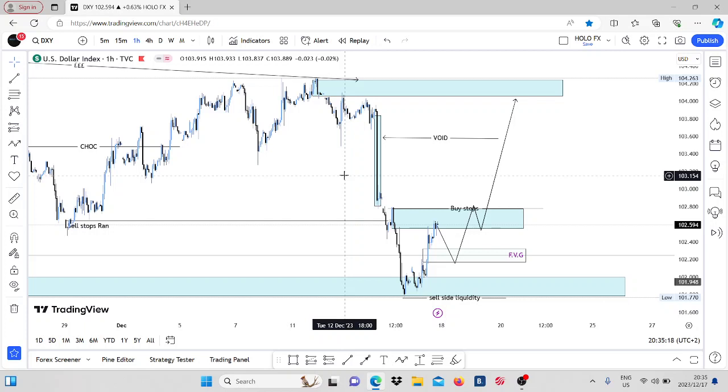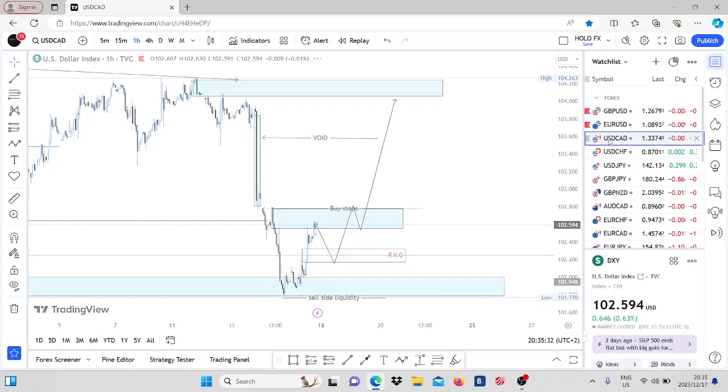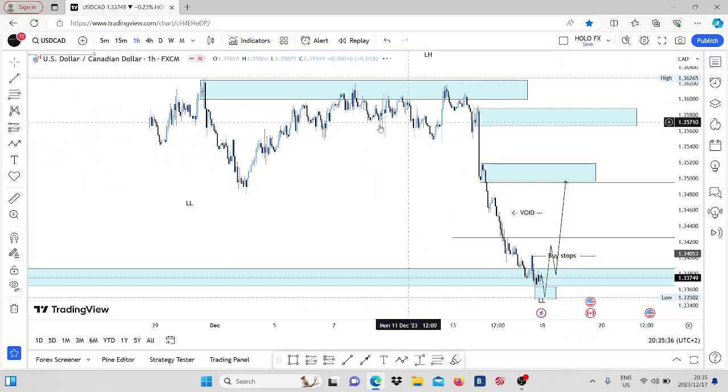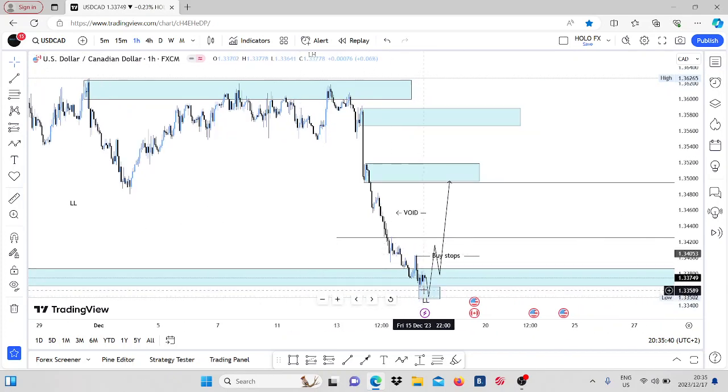So yeah, that was my analysis on the dollar index and the USDCAD, just a catalyst of the two pairs that are in symmetry. My catalyst is, hopefully, once we break these buy stops, we move to the upside.